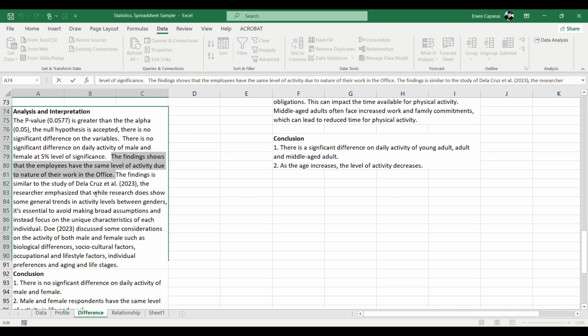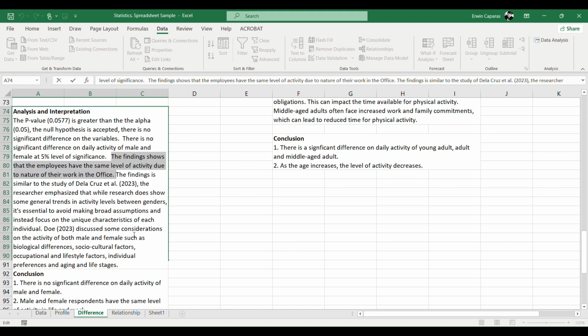So hahanap na tayo ng mga literature natin coming from the RRL, okay? And whether it is a related study or related literature, in this case, the findings is similar to the study of De La Cruz et al. 2023. The researcher emphasized that while research does show some general trends in activity levels between genders, it is essential to avoid making broad assumptions and instead focus on the unique characteristics of each individual.